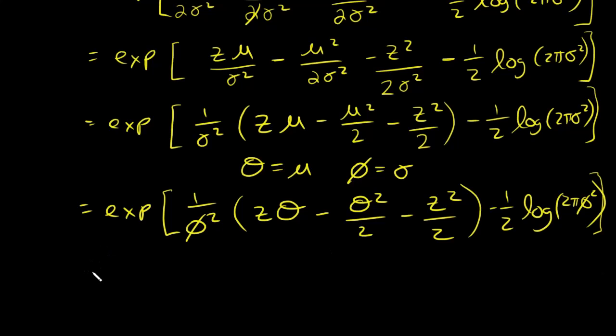So now I just need to identify what all my functions are. Actually, to make this a little easier, I am going to go ahead and rewrite. So remember, I'm trying to make it look like, let me rewrite it here. The exponential family distribution functions look like this.